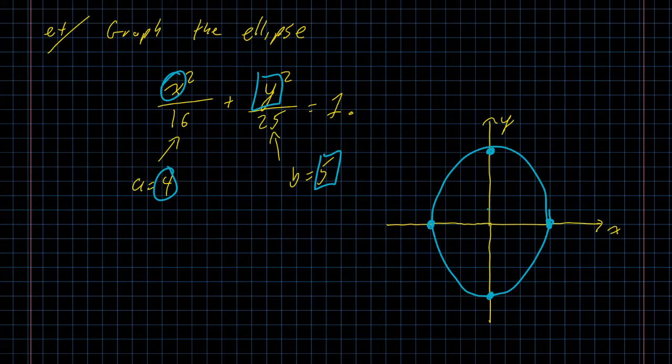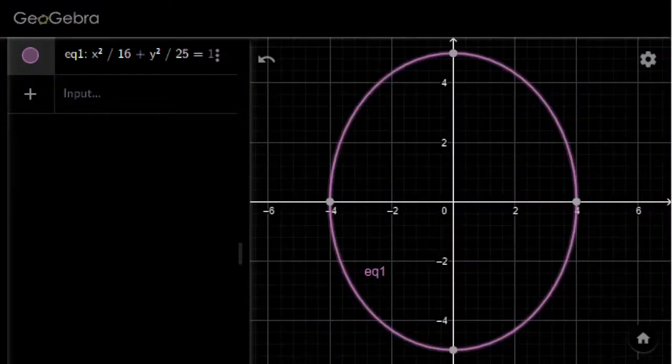In order to make a little bit more sense of the graph that we're looking at here, we can use computer software to sketch the graph for us instead. So let me go ahead and switch my view over here to Geogebra. Geogebra.org/calculator is the URL that I'm on here.